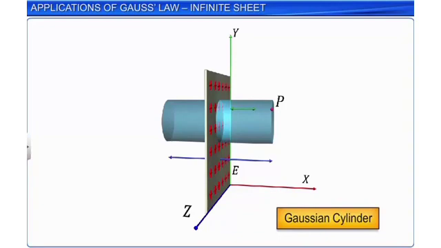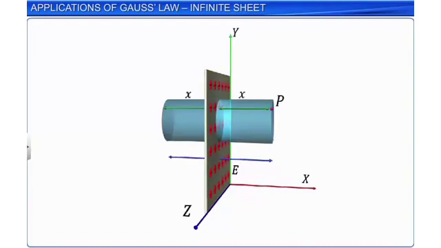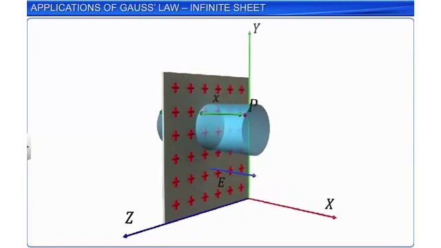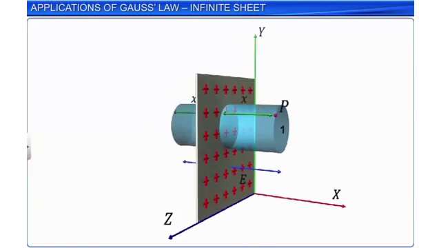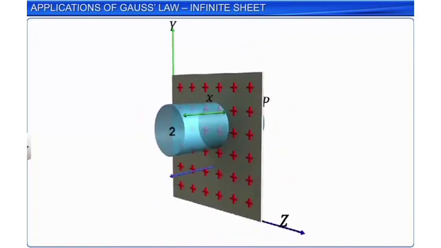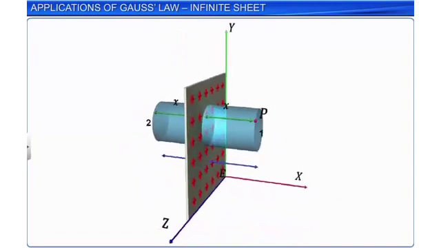We see that the cylinder extends to the other side of the sheet of charge, and the plane faces of the cylinder are equidistant from the plane sheet of charge. Let the plane circular faces of the cylinder be marked as 1 and 2, and the curved surface of the cylinder be 3.